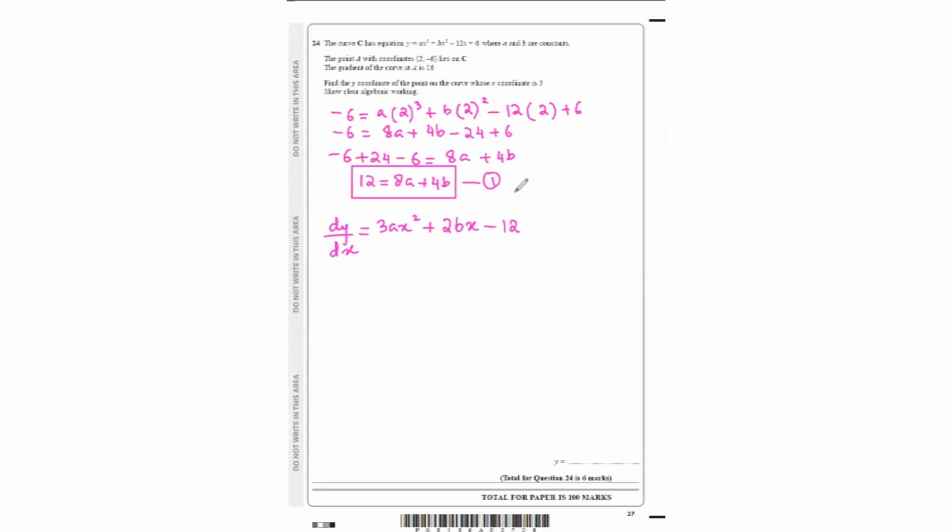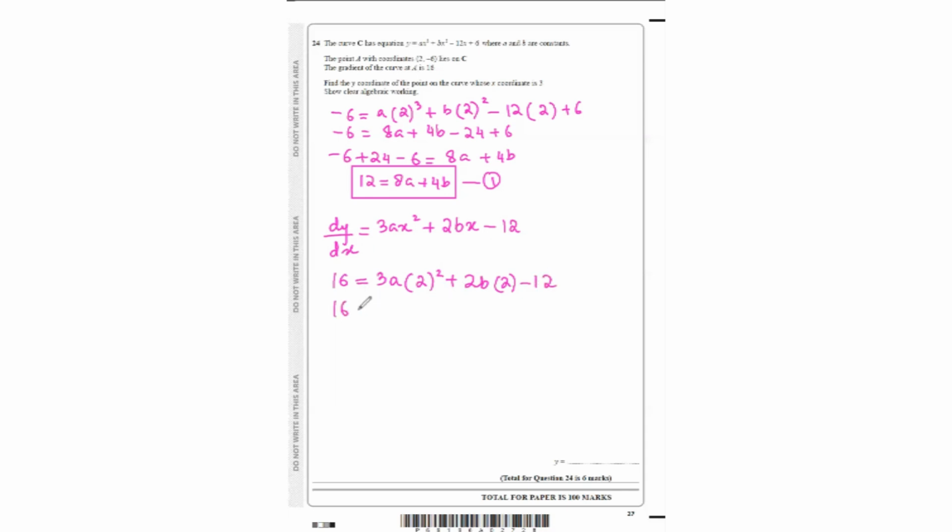For negative 12x, it's going to be negative 12 because x has a power of 1. So 1 comes down, gets multiplied with 12, which gives us 12 again. And 1 minus 1 is 0, so x to the power of 0 is 1. Hence, there's no x with 12. Since the derivative is always 0 for the constant, we don't write anything for 6. So this is our gradient. They said that the gradient at point A is 16. So 16 equals 3a, replace x with 2 again, because at point A, x is 2.